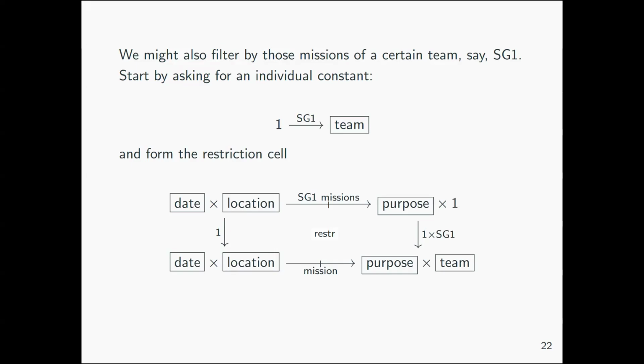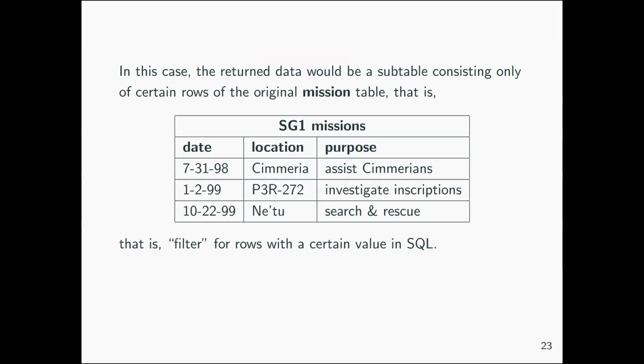We're just looking for SG-1 missions. And again, the instancing functor is going to preserve the restriction and the Cartesian structure. And so this returns a new table, SG-1 missions, where we now just have the rows corresponding to the missions SG-1 carried out. And this is a filter in SQL. Great.